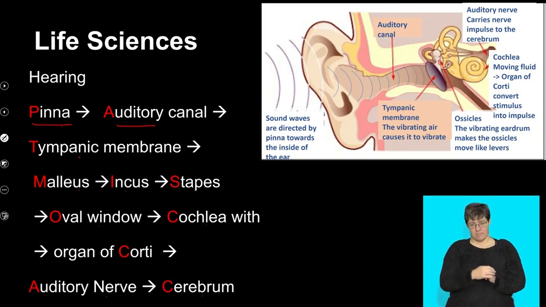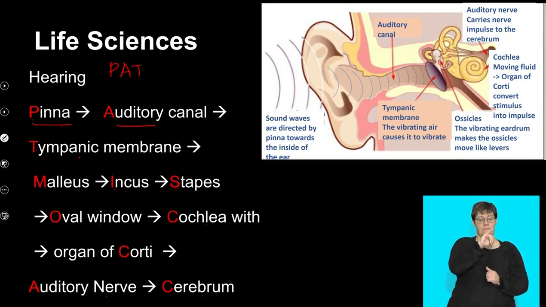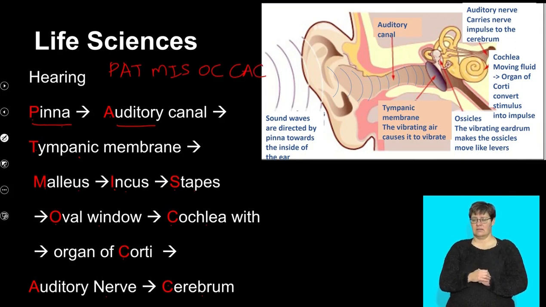And I made a little mnemonic about it. If you look at the first letter of each word: P-A-T, so it's pat; M-I-S, miss; O-C, OC; C-A-C, sac. So pat, miss, OC, sac.